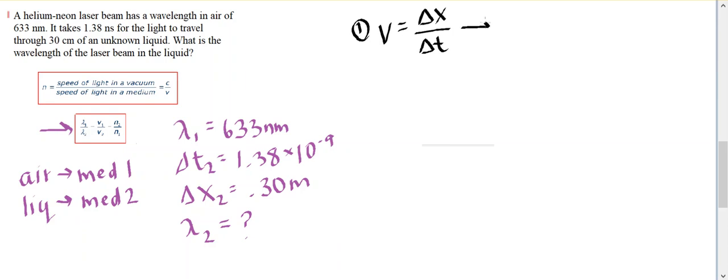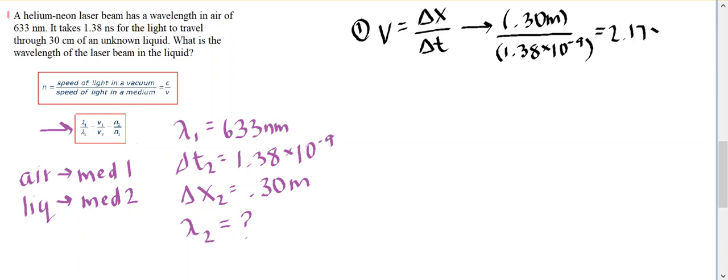So if we were to plug our variables in, we would get our final value to be 2.17 times 10 to the 8th. Velocity is measured in meters per second. So this would be our answer for the velocity in medium 2.